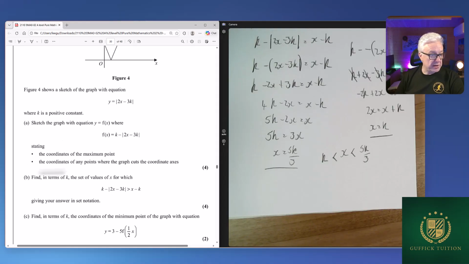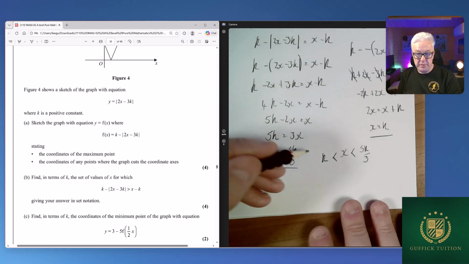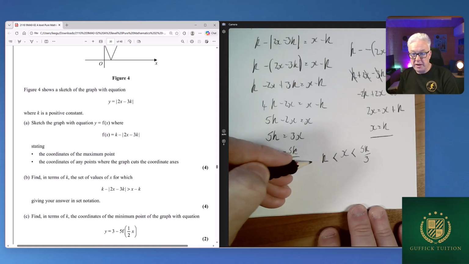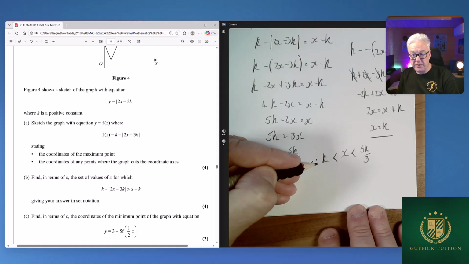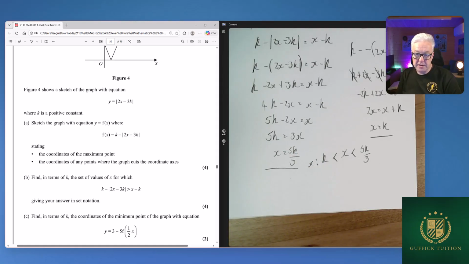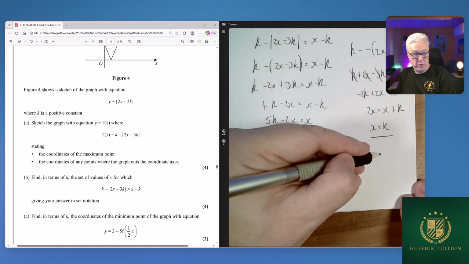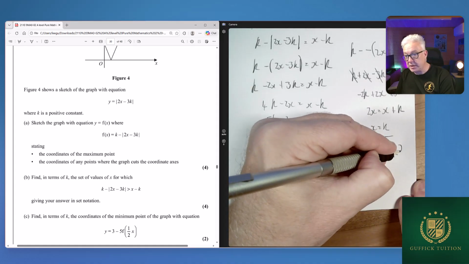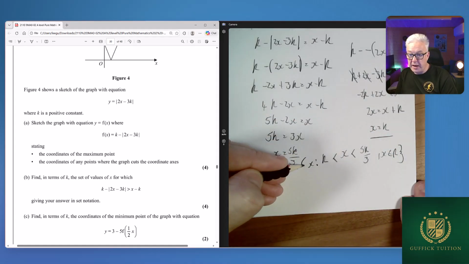Okay, now let's just have a look and see. There's various ways that we could write this, hopefully, which would be acceptable. So the mark scheme says, because this is one continuous region, we could write this as x is a member of the set of x where x is less than 5k over 3 but greater than k, where we would say that x is a member of the set of real numbers, and put a curved bracket around that.